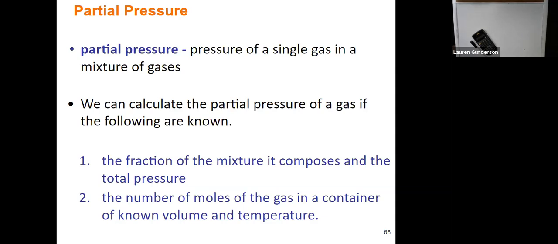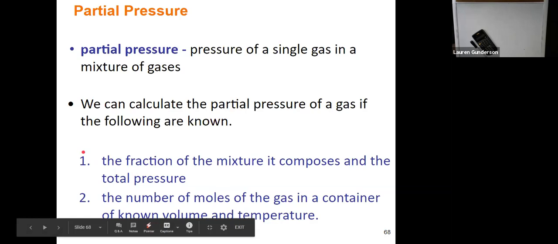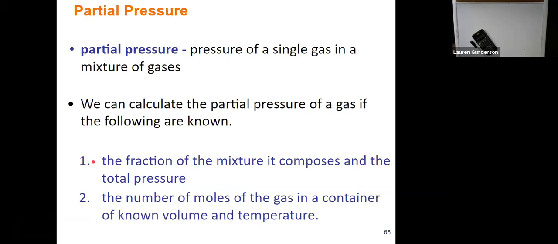Okay, so we could look at the partial pressure of a gas in two different ways. If we know the fraction of the particular gas within the mixture, and if we know the total pressure of all of the gases, we can figure out the partial pressure of a gas sample.